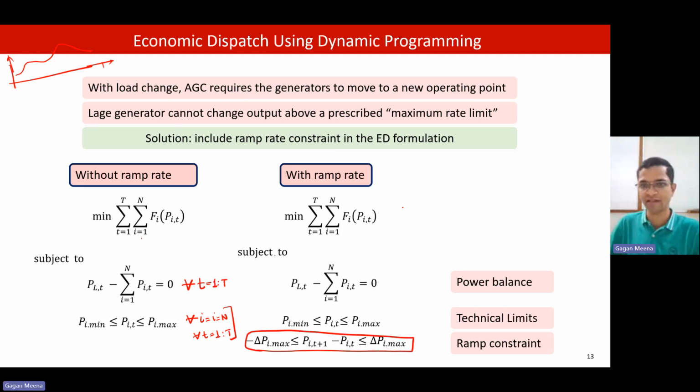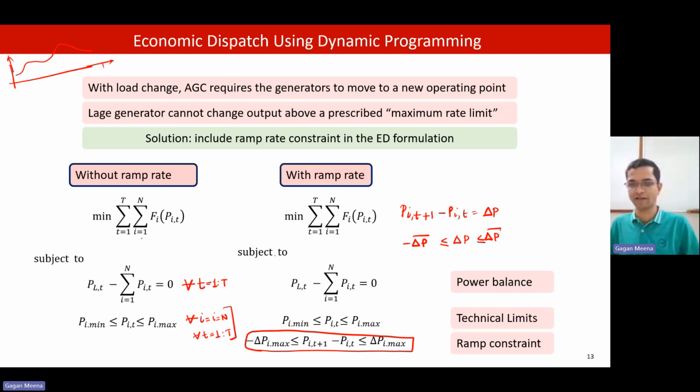We have already seen that P_i,t+1 minus P_i,t is equal to delta P, and this delta P should lie between minus delta P max and delta P max. This is the ramp constraint.